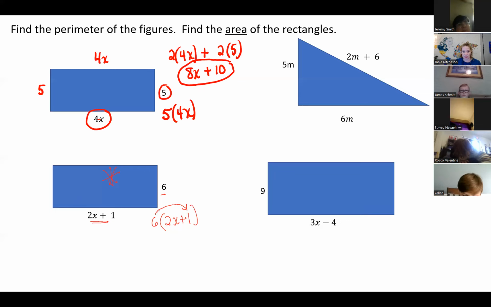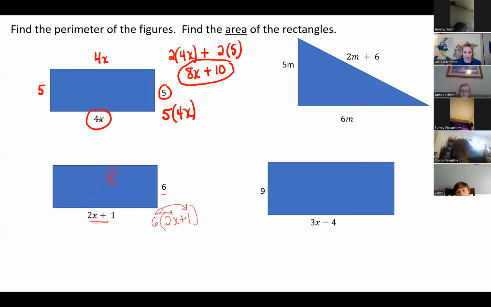We're doing this math problem right here. There you go, Isabella. Caitlin, did you send me an answer? 12x plus 6. You got it.